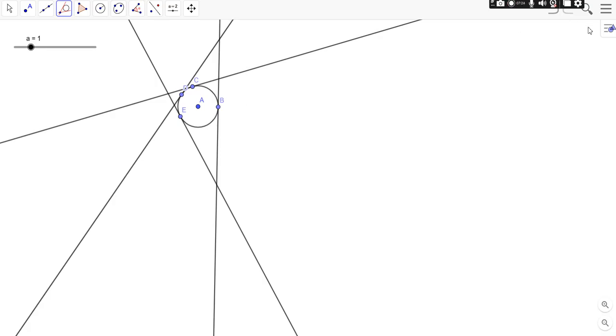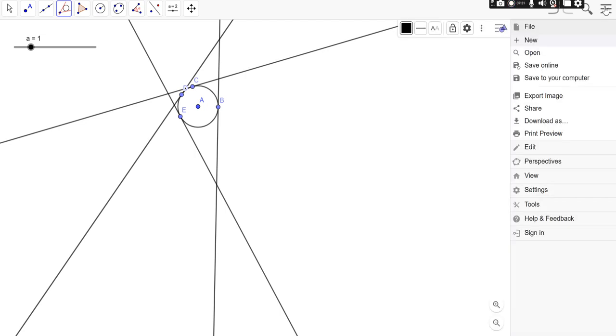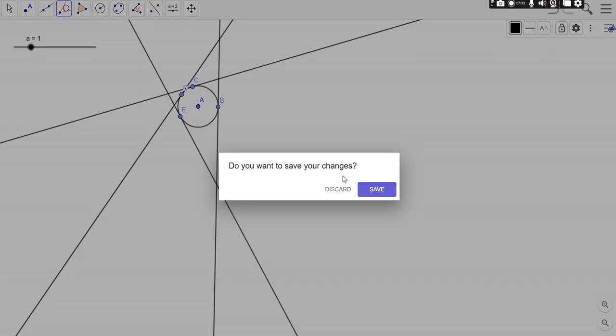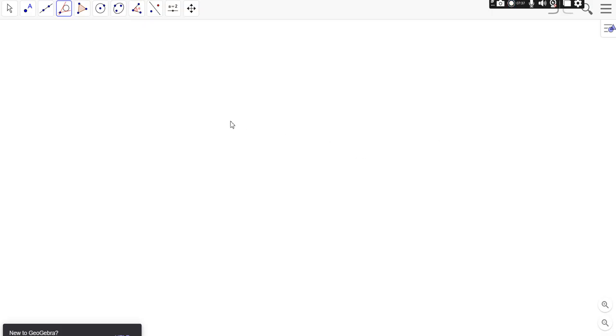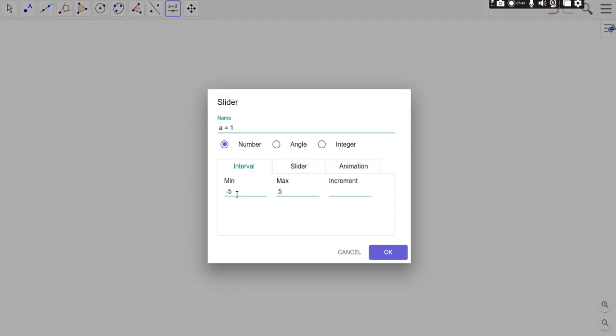Okay, let's discuss this property through an activity. Firstly, let me take a new page. Now what to do? You are to take a circle with any center and any radius.